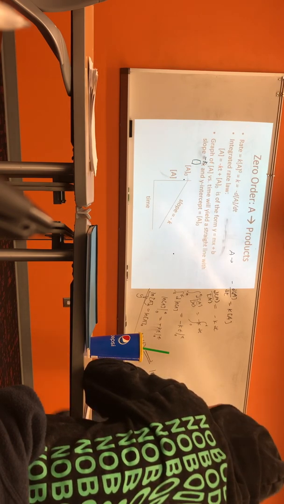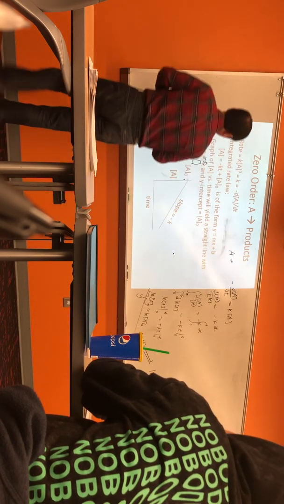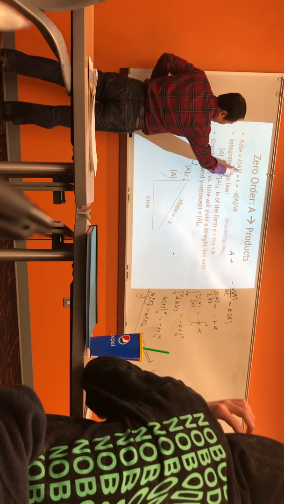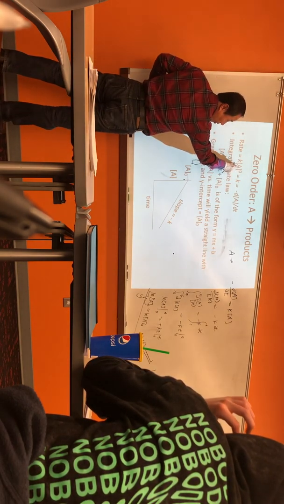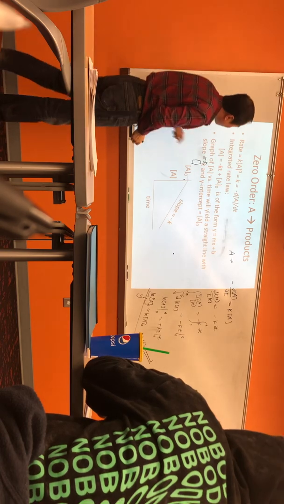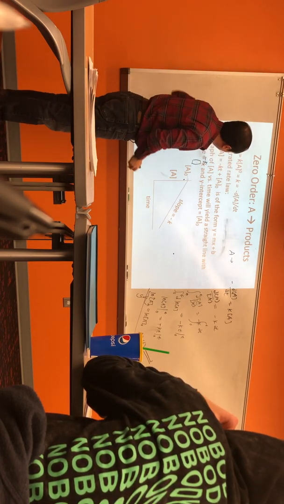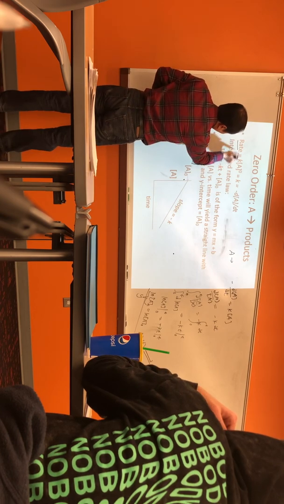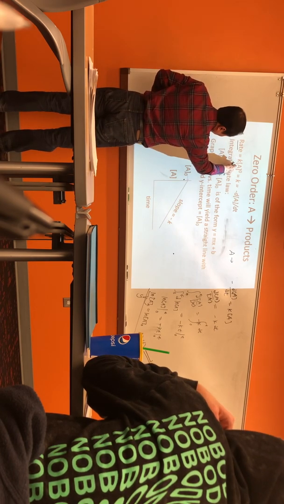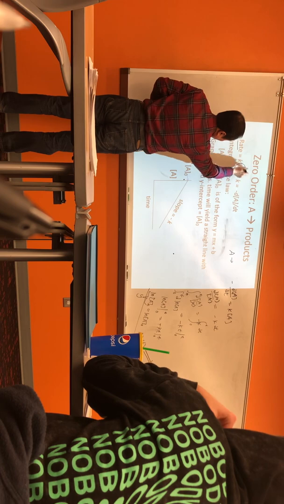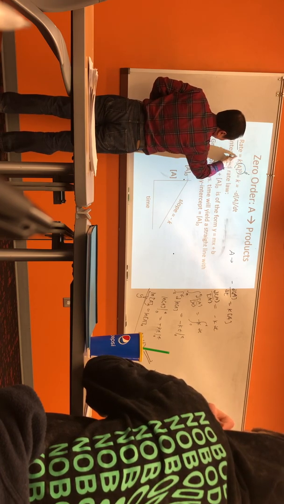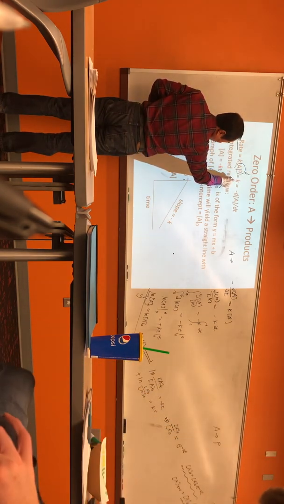What about zeroth order? We have zero exponent on the reactant, so actually it doesn't depend on the reactant concentration. Okay, that's what zeroth order is. Because in the rate law, if it is A to the 0, this is simply 1. So practically the rate law is just k only.